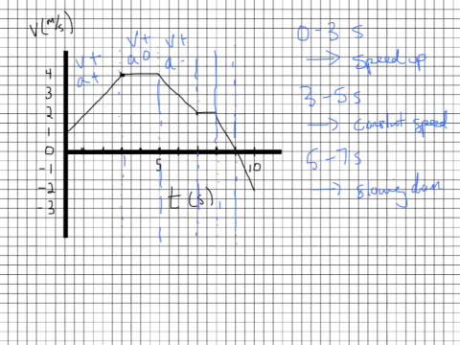Okay, next section, from 7 to 8 seconds. My velocity is still positive because I'm still above that horizontal axis, and my acceleration now is 0 because I don't have a slope. So if I have positive velocity and 0 acceleration, then from 7 to 8 seconds I am moving to the right at a constant speed.